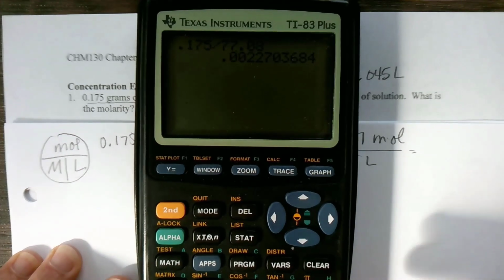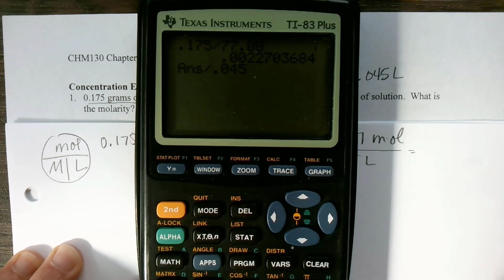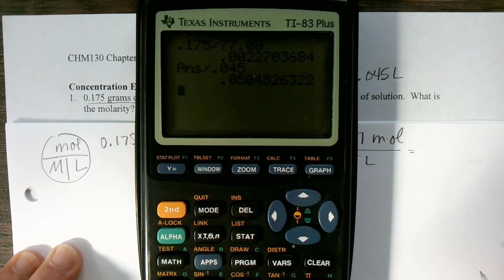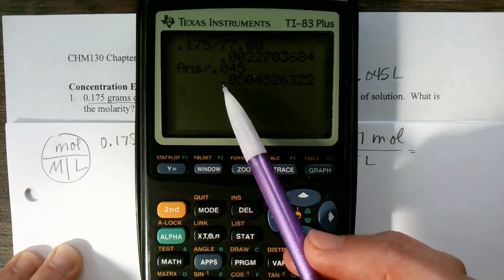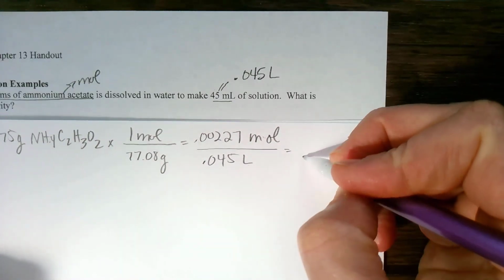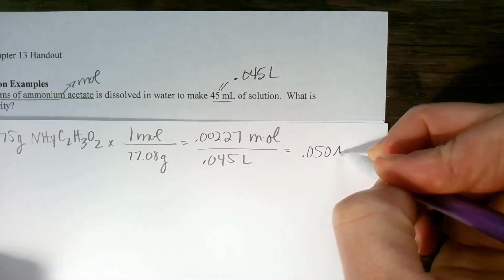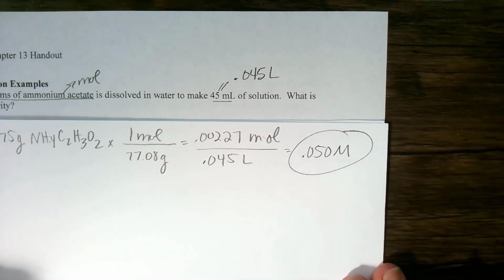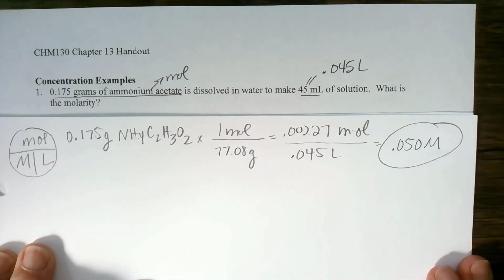All right, so we're going to divide this by 0.045. And we want, let's see here, 2 significant figures for our final answer. So I'm going to say 0.050 would be my molarity for number 1.